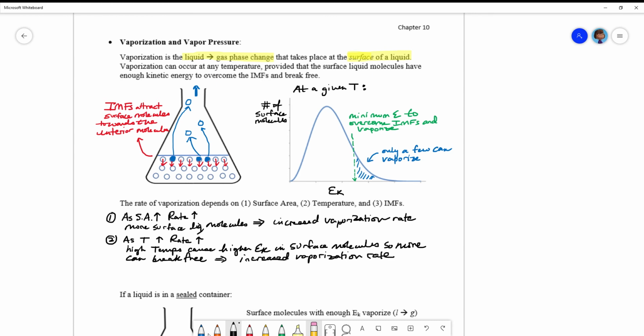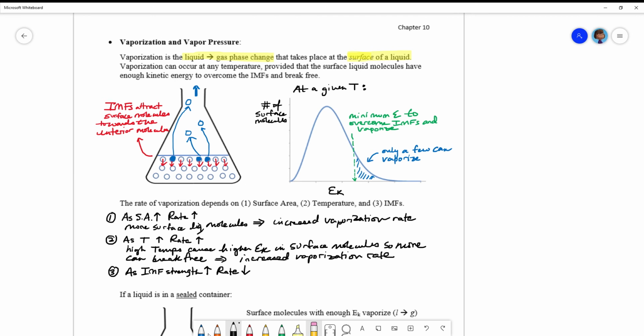So the third factor is intermolecular forces, and specifically I mean the strength of the intermolecular forces. In this case, what we're going to observe is that as the IMF strength between particles increases, the rate of vaporization actually decreases.